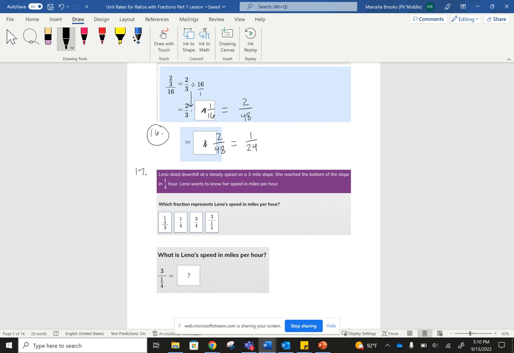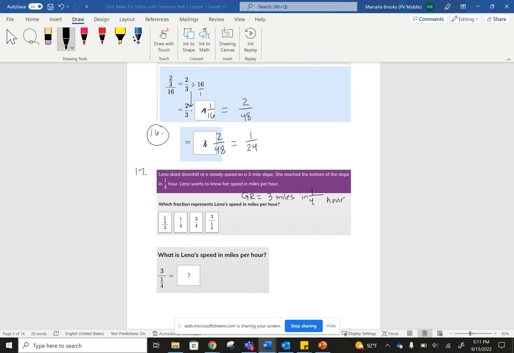Okay. Enough clowning. Lena skied downhill at a steady speed on a 3-mile slope. She reached the bottom of the slope in 1/4 hour. So our given rate, we have to write that for everything. We're going to put GR. So she went down 3 miles in 1/4 hour. Which fraction represents Lena's speed in miles per hour?